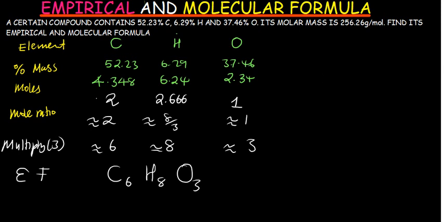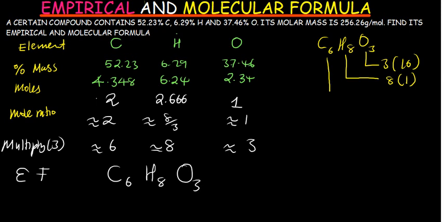And then we can now look at the molecular formula. So for you to get the molecular formula, what you are going to do is use the same empirical formula that you found, C6H8O3. We have 3 oxygens multiplied by 16, the molar mass for oxygen. Let me just use the rounded off value 16. And then we have 8 hydrogens multiplied by the mass for hydrogen, which is 1. We've got 6 carbons multiplied by the mass, which is 12.